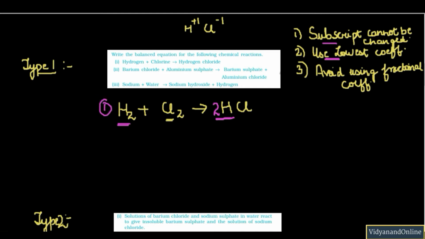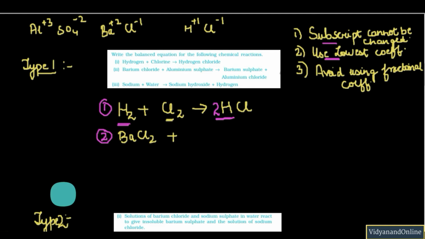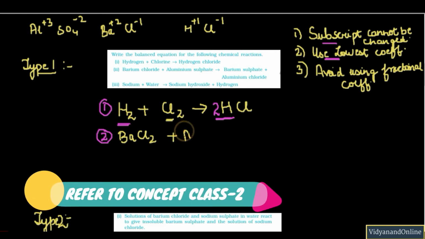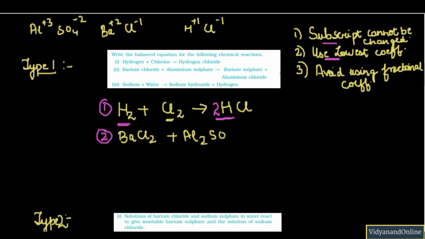Now the second equation, where we are talking about barium chloride. Barium is Ba and it is +2, chlorine is -1, so it comes out to be BaCl2, plus aluminium sulfate. Aluminium is Al +3, sulfate SO4 is -2, so if you cross multiply, it comes out to be Al2(SO4)3.